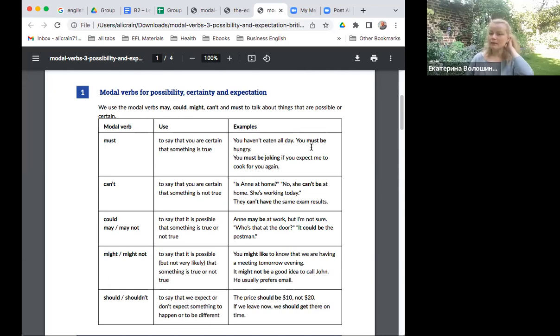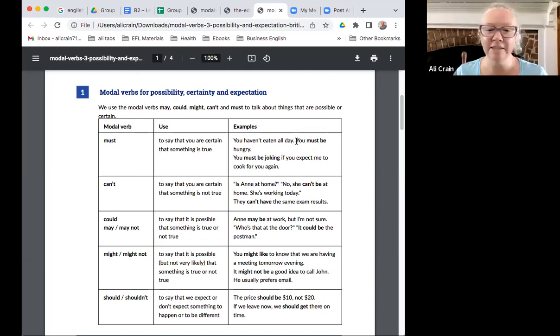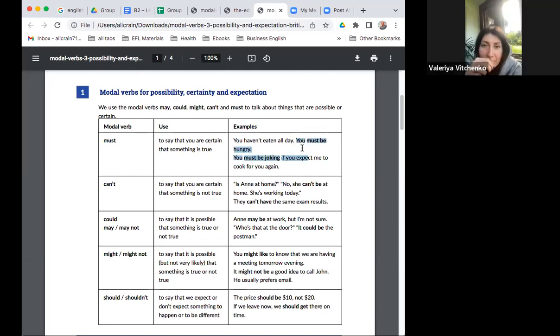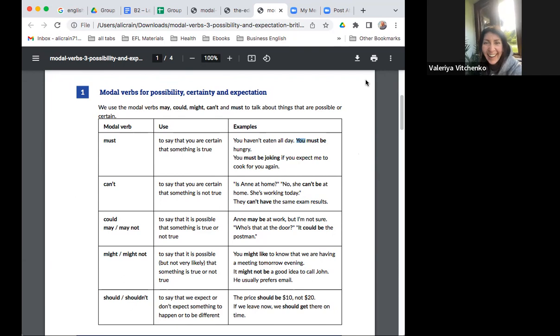Yeah, but you can see on the title of this table, it's possibility, certainty, and expectation. It's not have to for this purpose. Although I will say, you could say you have to be hungry. I mean, it's a possibility.